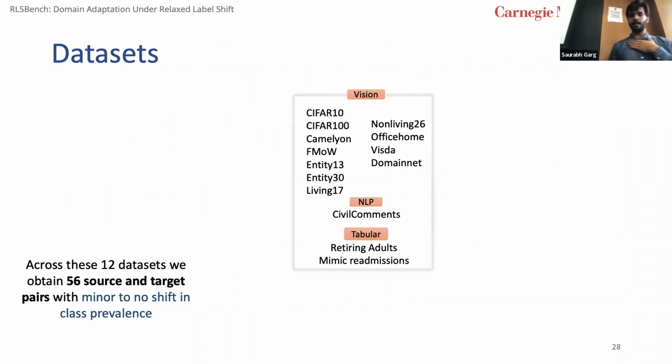And just to show, these are the datasets that we leverage in our work. These are all existing benchmarks where, on top of the shifts in P of X given Y that are there, we simulate label proportion shifts.